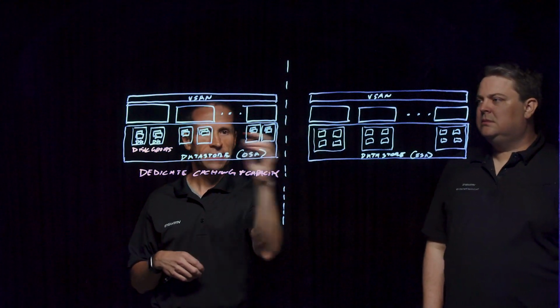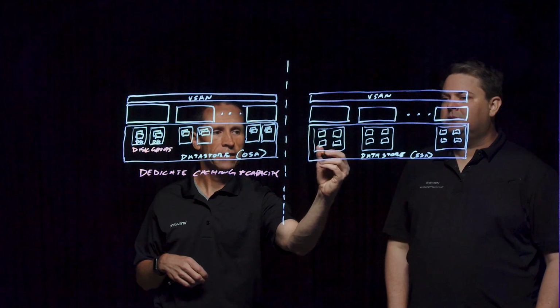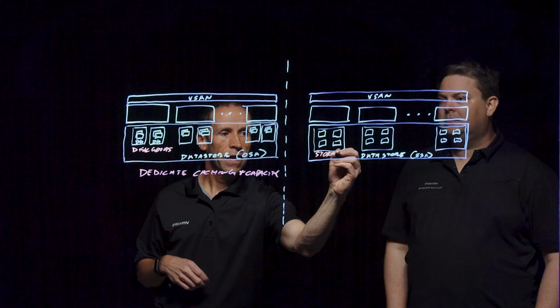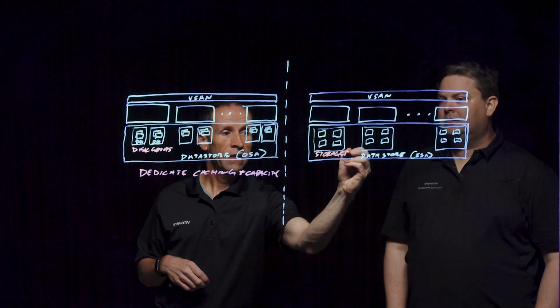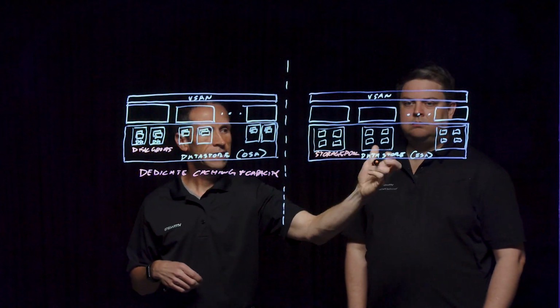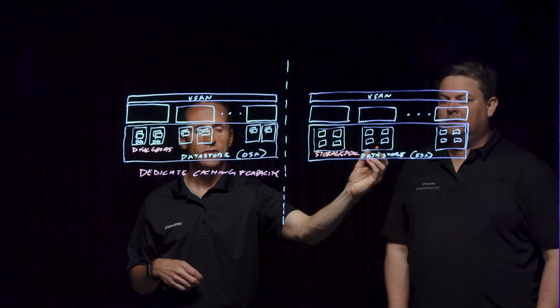So in this case, by way of comparison, what we have here is what's called a storage pool. And there can be one storage pool per host, but all of this is just aggregated into a single datastore.